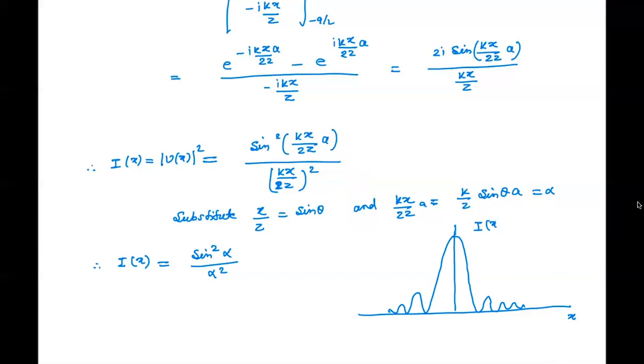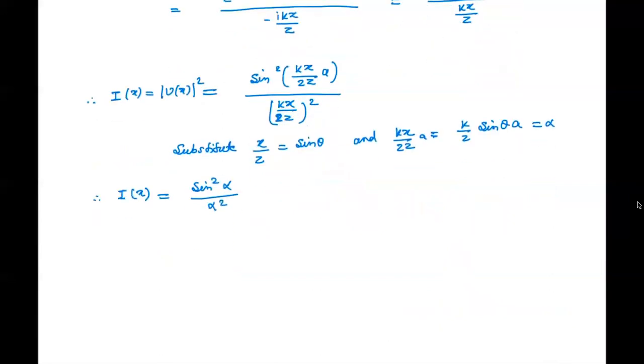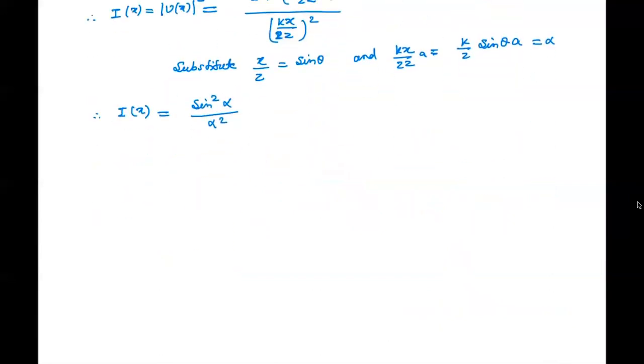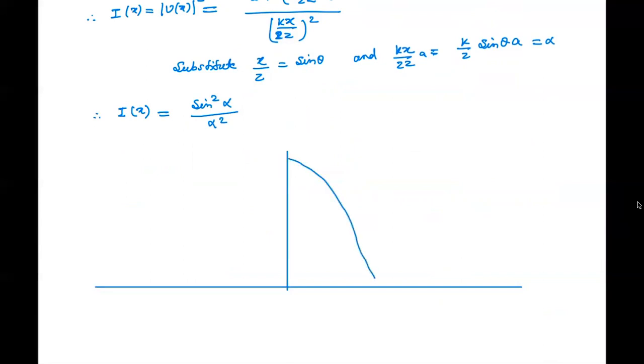Let me actually plot it slightly differently. This is for some other purpose, which will be clear in a moment. Okay, this is x, and this is here x.